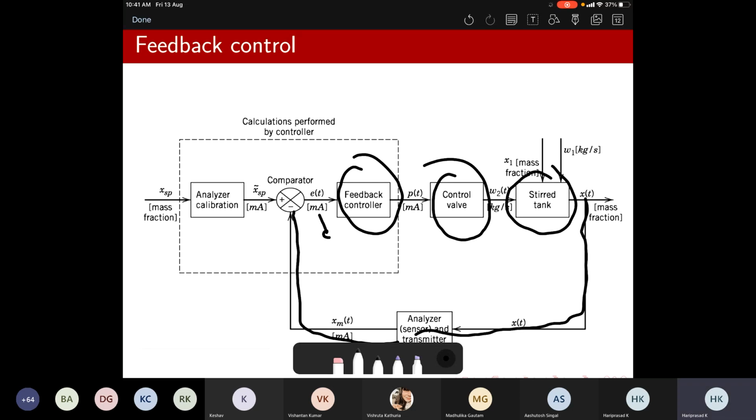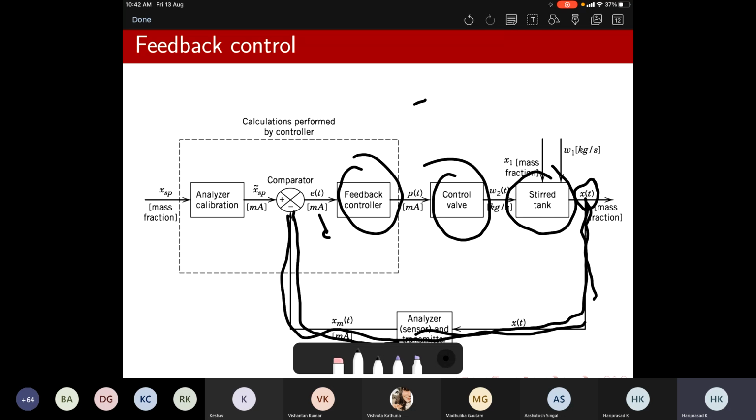Another interesting thing here is, you see the controller always talks in terms of milliamperes, voltage, and things like that. But your final output, when you talk about the market, it has to be in a quantitative fashion, an abstraction. So there should be suitable conversions.